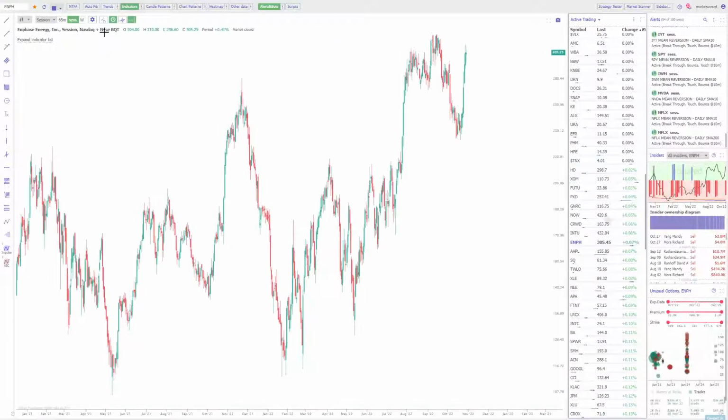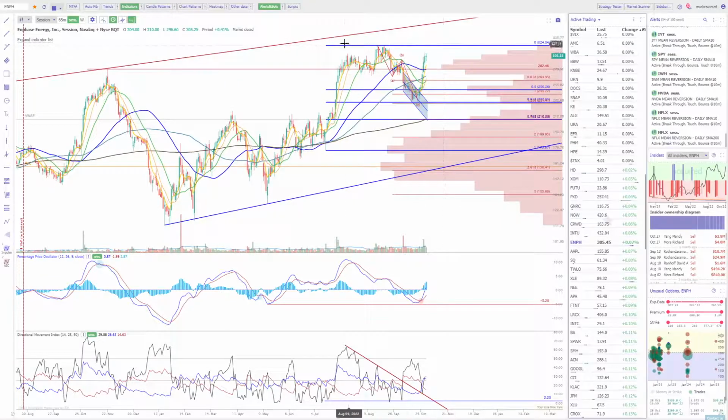ENPH has been a leader for me all year. You definitely have the head and shoulders look now, but it broke down, okay? You want to see the head and shoulders where the neck, the head, and the right shoulder then stay. Well, we broke that down. So in my opinion, this isn't a head and shoulders anymore.